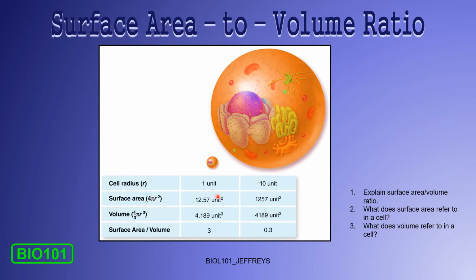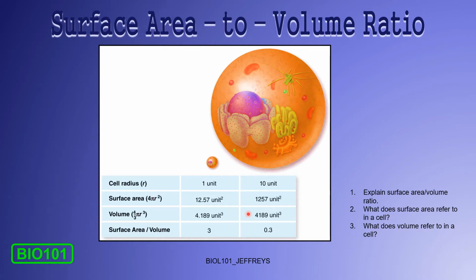So if we look at the surface area of this little tiny cell, radius of 1, it's 12.57 square units. If we look at the volume, it's 4.18 cubic units. And then if we look at the ratio of surface area to volume, we get 3 for this little tiny cell.